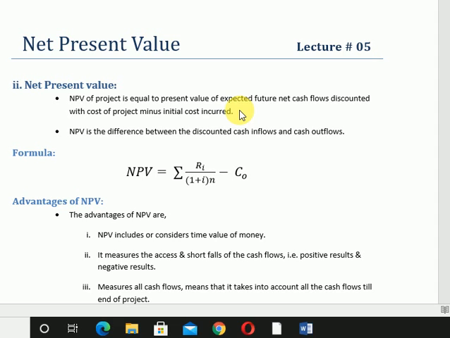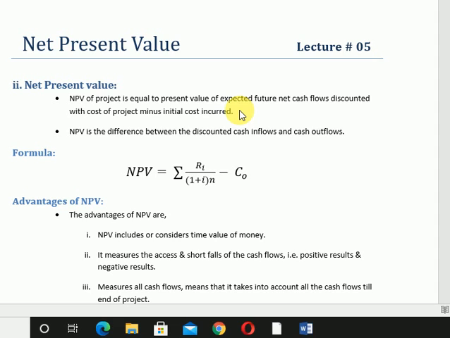Net present value we can also define as the difference between the discounted cash inflows and cash outflow. Discounted cash inflow means when we receive cash in the future and we discount it with some percentage.